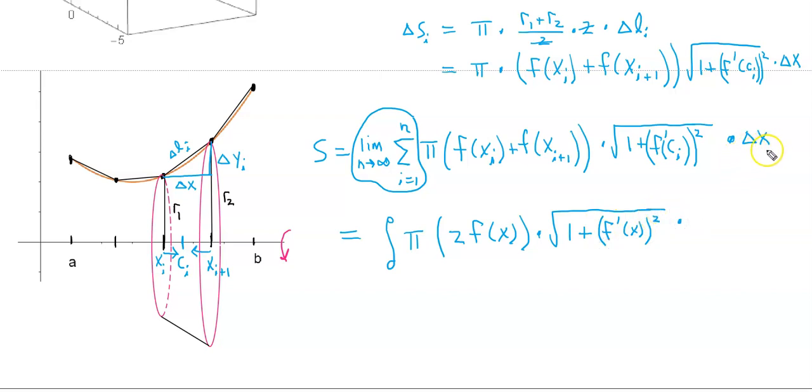And the delta x, that just becomes a dx. And our limits of integration go from a to b. From a to b. And so now we have our formula for the lateral surface area of the surface generated by rotating this curve around the x-axis, and is given by this.